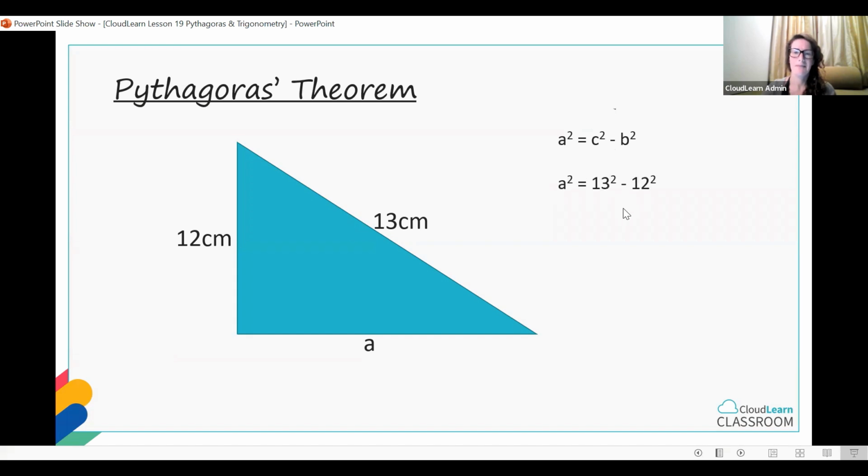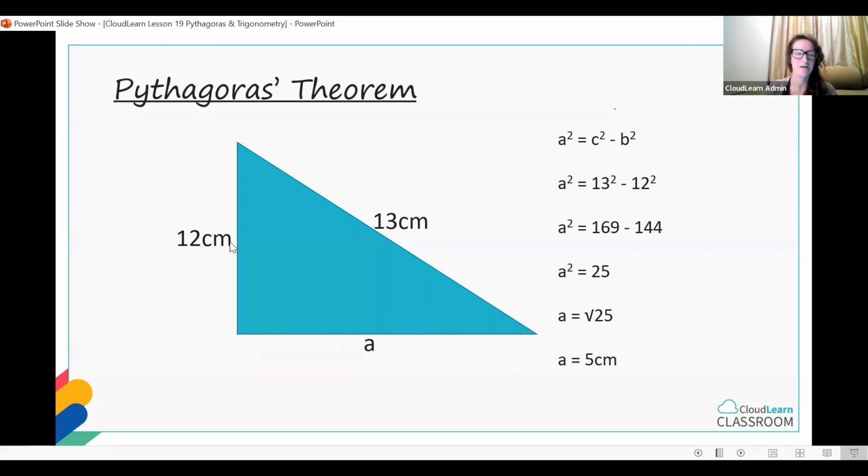Okay, and then popping all that information in. We've got a squared, that's the one there, equals the hypotenuse squared minus the other shorter side squared. And then that gives us 25, and actually the square root of 25 is 5 centimeters. So we've got a equals 5 centimeters here. So it's a Pythagorean triple.